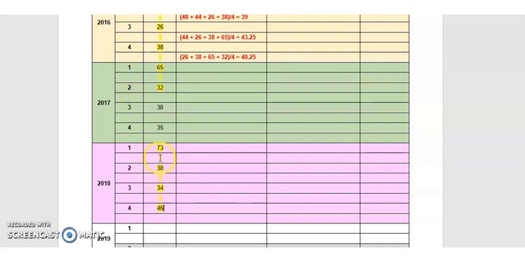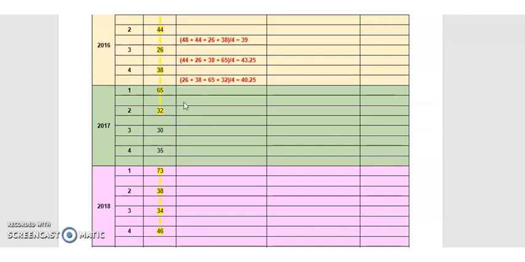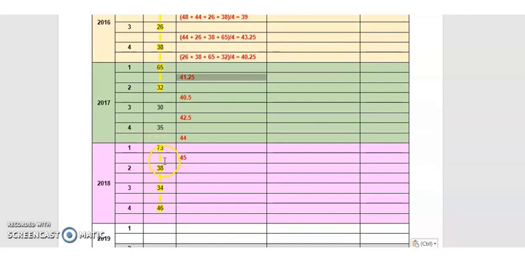Continue the same step until you total up the last 4 data. At the end you must total up the last 4 data because we have 4 quarters. For the last one, if you total up these 4 data, 1, 2, 3, 4, the center will be here. Sorry, this is not the trend value, this is the 4 moving average.